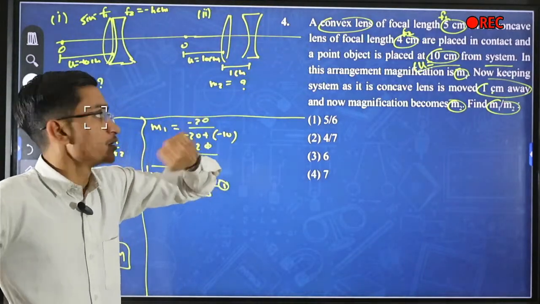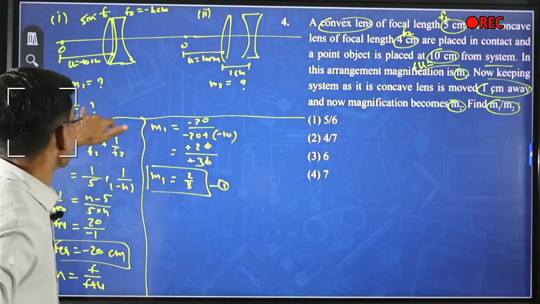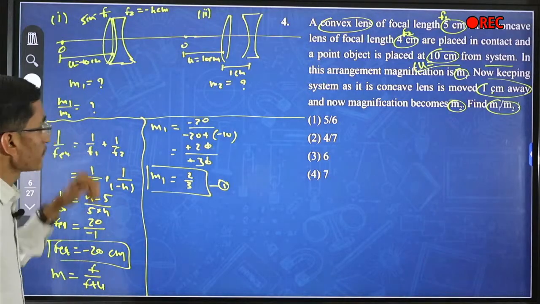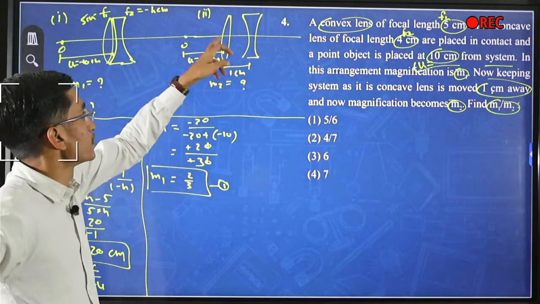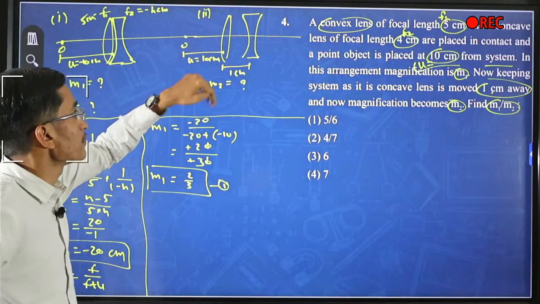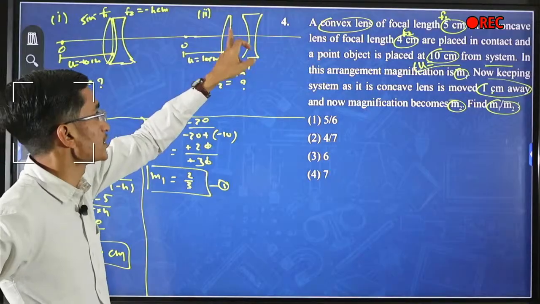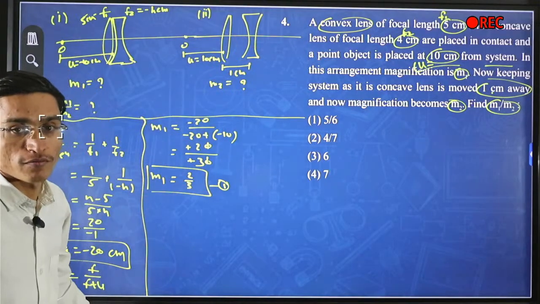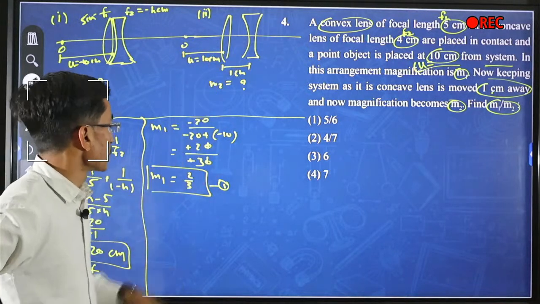From that, we will use the total magnification, put in M2, and then get the ratio. So first of all, we have to find, from refraction by this lens, the value of the image distance. Then the image distance will become the object for this, and further we will calculate the total magnification due to this system.